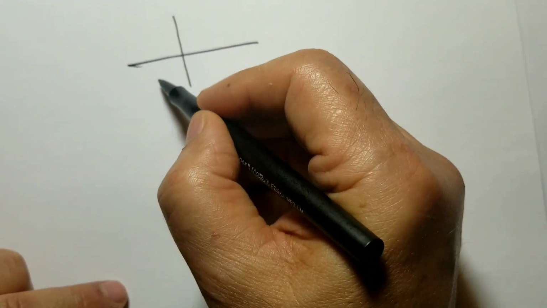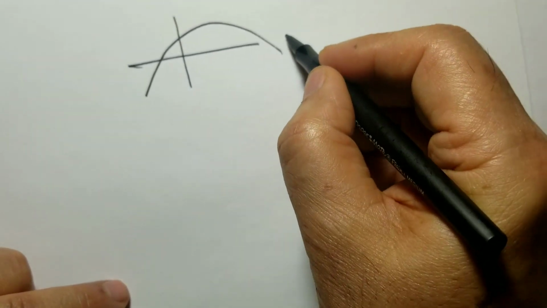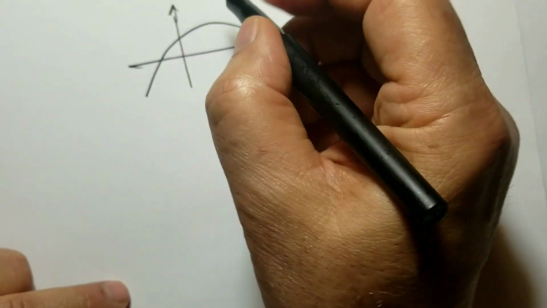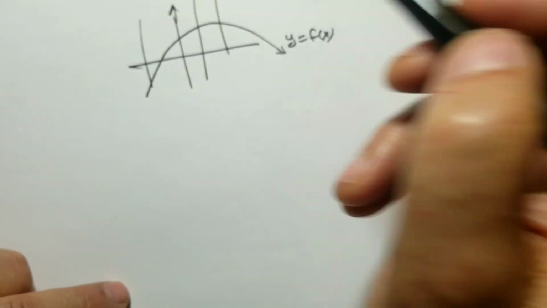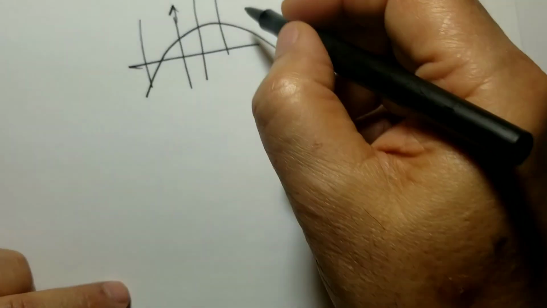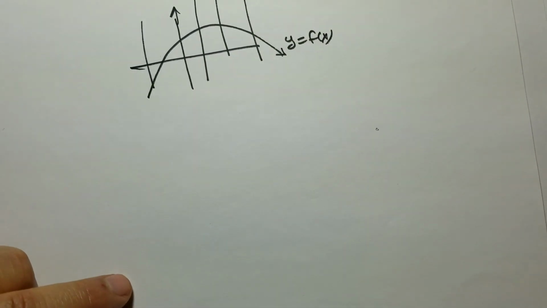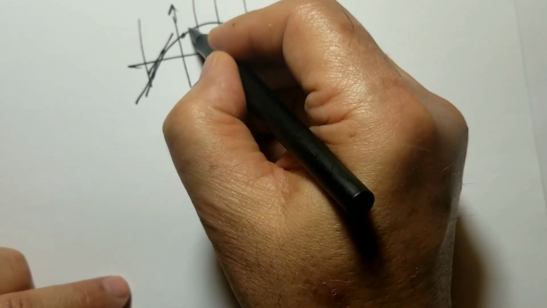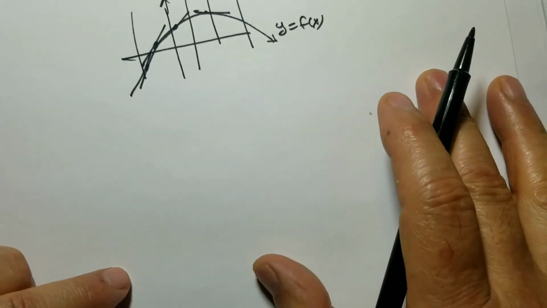Remember, whenever you had y equal to f of x, in order for that graph to represent a function, it must pass the vertical line test, that for every x value you have one and only one tangent line.